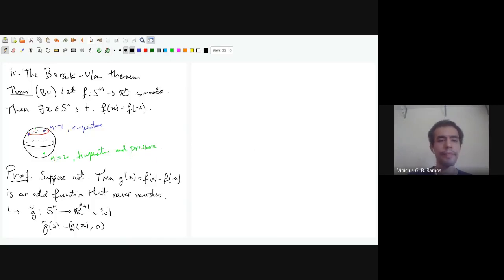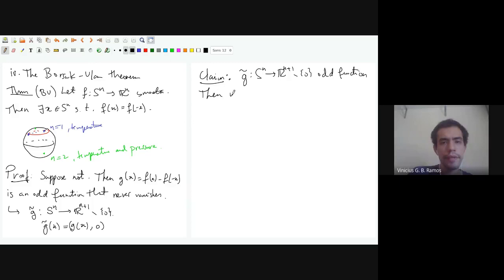So the claim that I'm going to prove in a little bit is that for any g tilde of this form, if g tilde is an odd function that doesn't hit 0, then the winding number of g tilde with respect to 0 is 1 mod 2. Okay, so this winding number is odd.